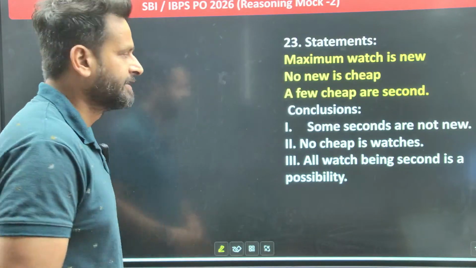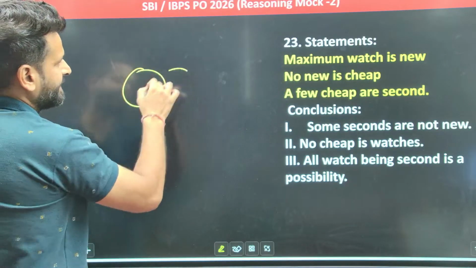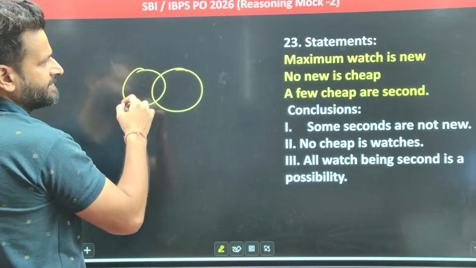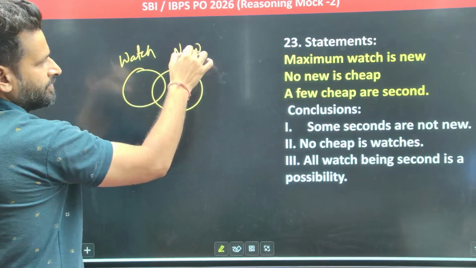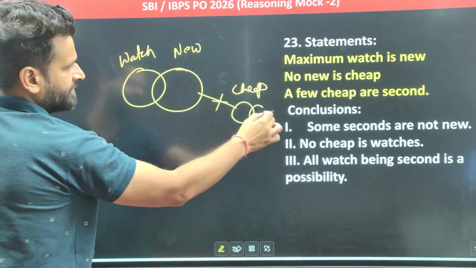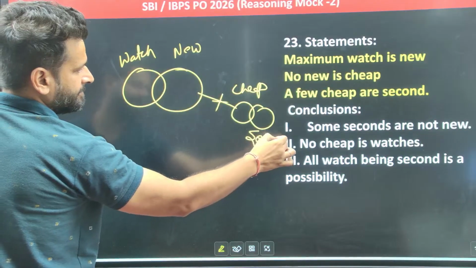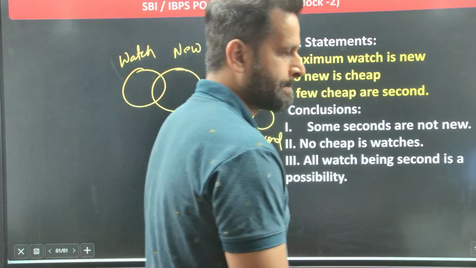Waiting for your answers. Maximum, minimum, some, frequently, occasionally mean the same thing, that is overlapping. Some overlapping is there. Maximum watch is new. No new is cheap. Few cheap are second.